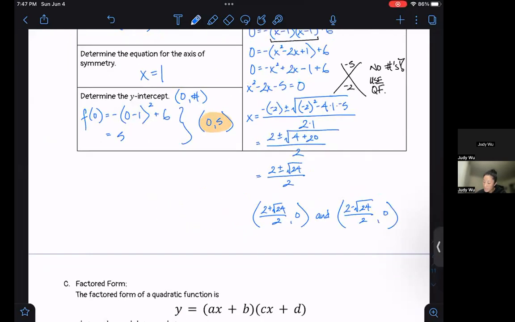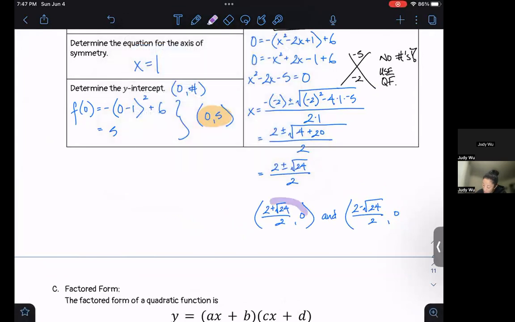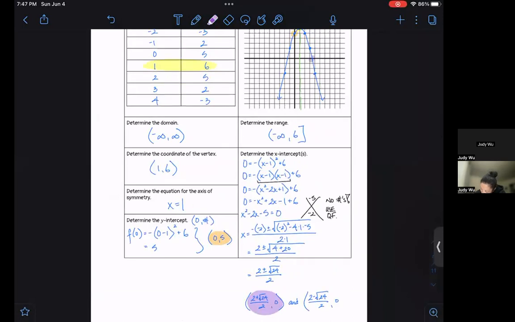All right. And if we zoom in and color code, this point should be this point. All right. And the second coordinate down here should be the x-intercept on the left.